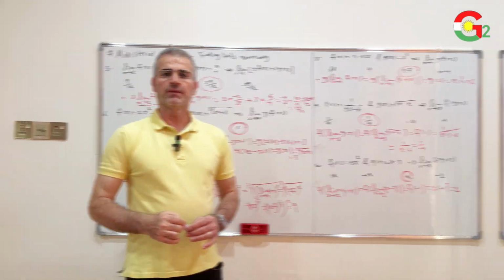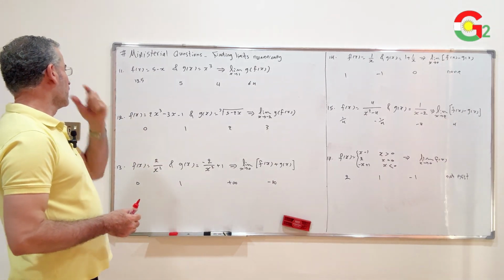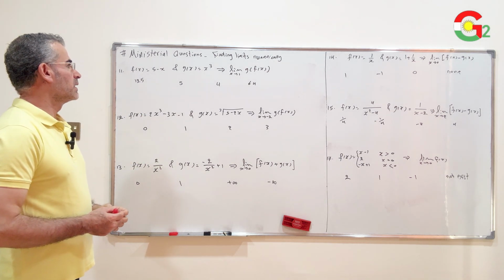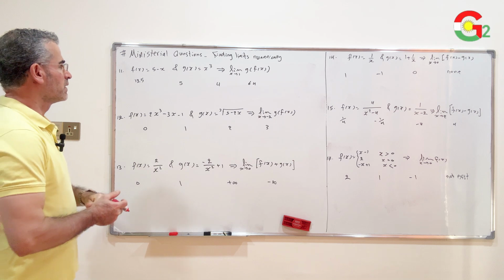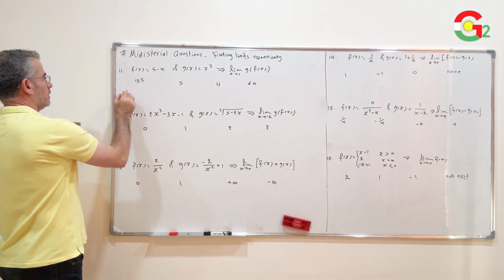Choice C. Question number 11. f of x equals 5 minus x, g of x equals x cubed. Then find the limit of the composite function g of f of x when x approaches 1.